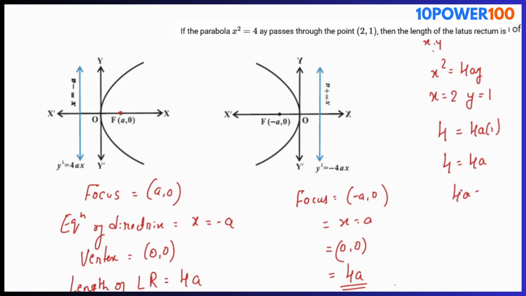Actually, 4a itself is the length of latus rectum, but I'll show you how to calculate. If a = 1, the length of latus rectum is 4 into a, so it is 4 into 1, which is 4. Here itself we got the answer, but for your reference, I solved that. This is how you have to calculate.